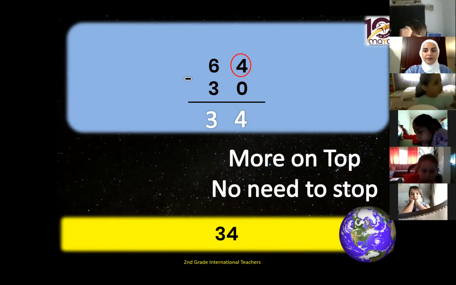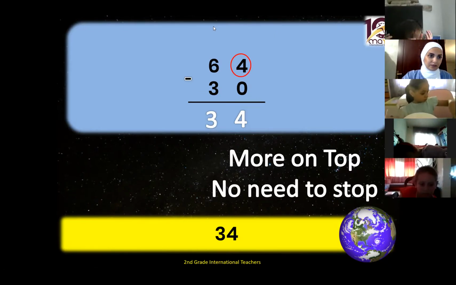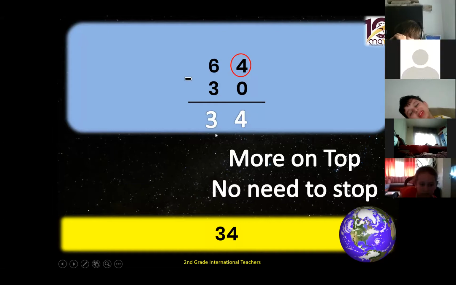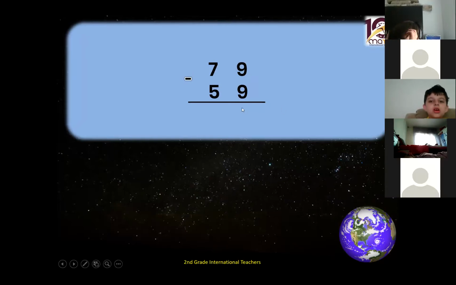Yusuf Dawood. Yusuf? Yusuf, can you answer this? All right. 9 minus 9 equals 0.